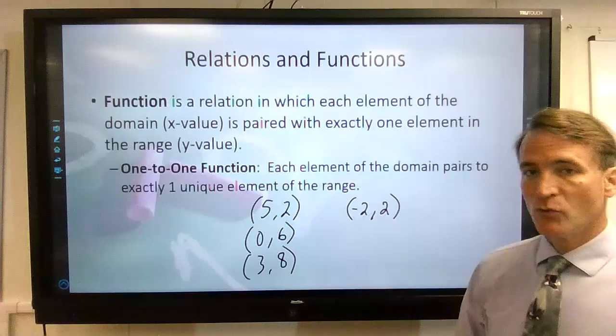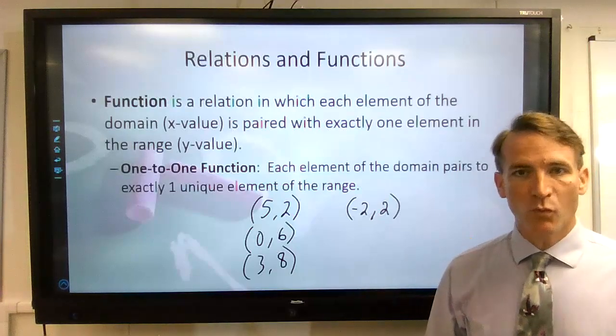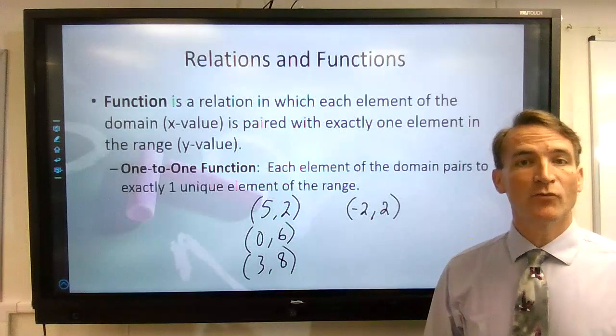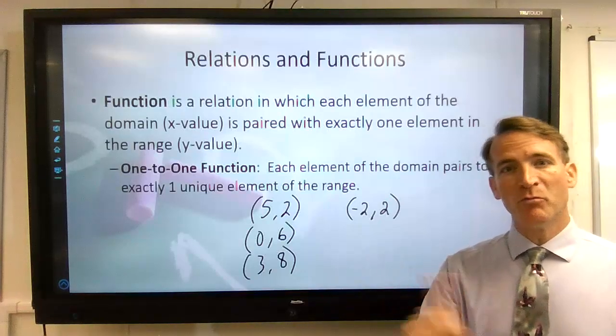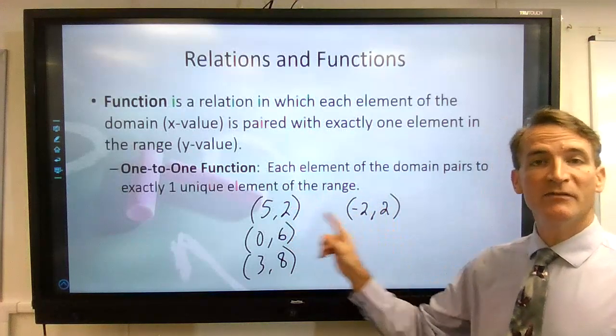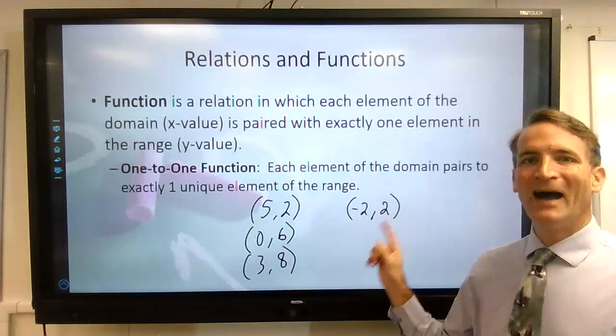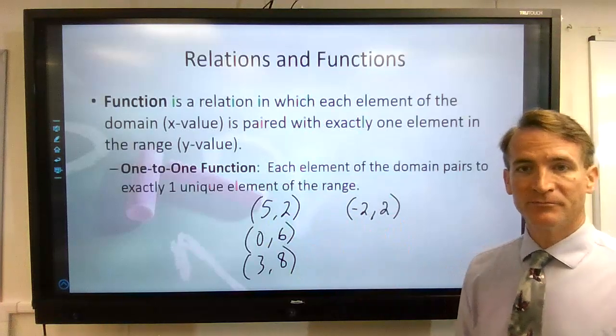One-to-one means for every one domain I have exactly one range, and for every one range I have exactly one domain. It needs to go both directions. In this case, it does not go both directions because if I plug in a value of 2 for my y, I can get two possible values for my x.